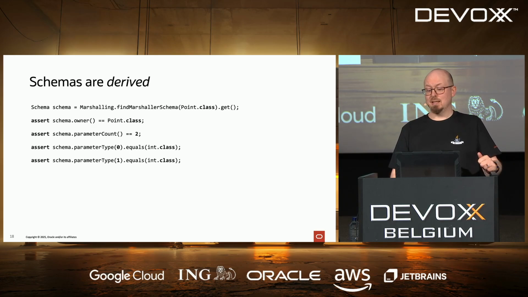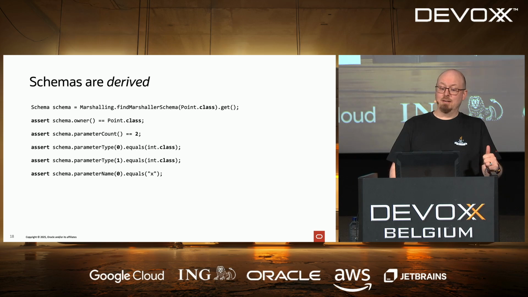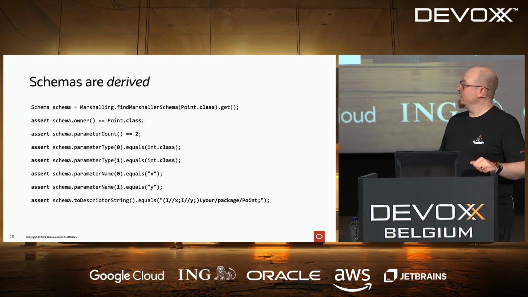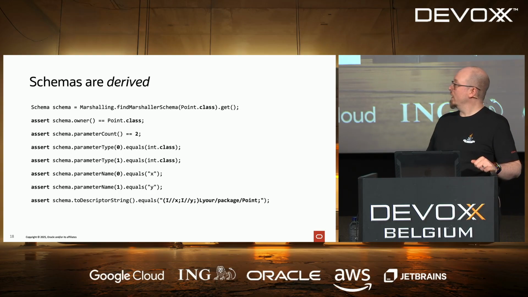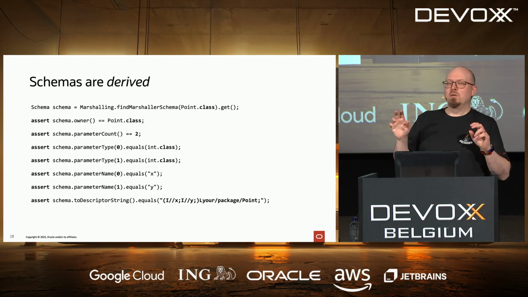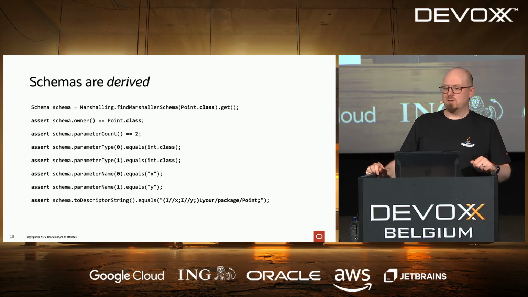The second one is an int. The first name is named X, and the second one is named Y. And then we have a nifty descriptor string, which also happens to be very amenable to including in bytecode as a constant. So there's a sort of a unified format for representing those as strings, but it's not strictly that.